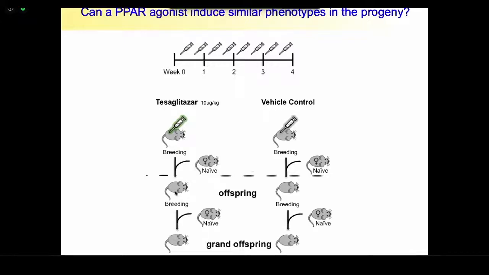And then we waited until they were adults, tested the behavior and the metabolism, and then bred them again to generate a grand-offspring. So we wanted to see whether activating PPAR with this agonist in adulthood could lead to a signal to the germ cells, and whether they could eventually pass it over 2 generations.